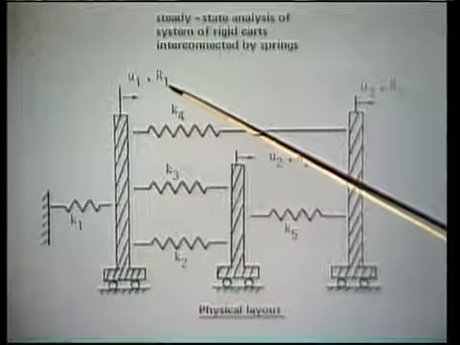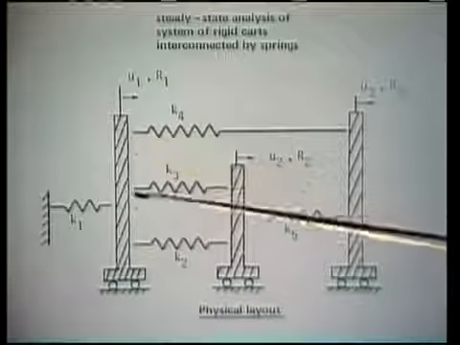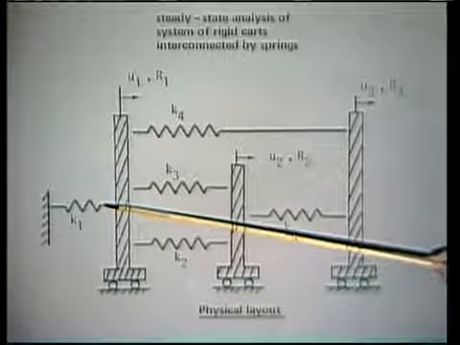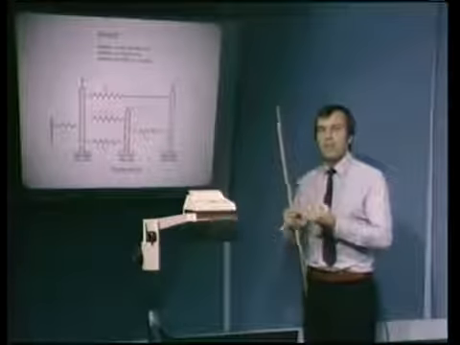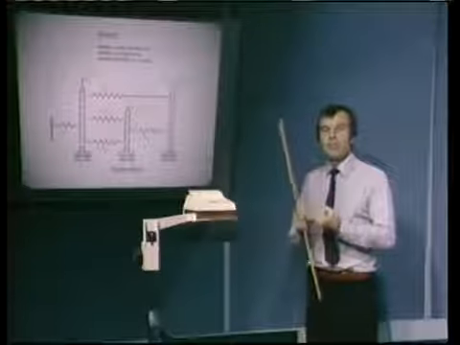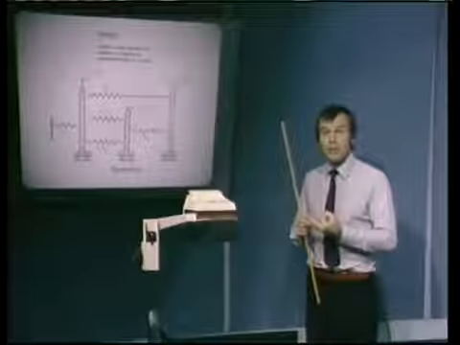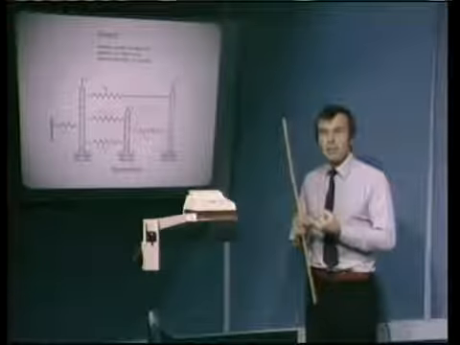And then, of course, we have a compatibility requirement that U1 is the displacement of each of these springs here. So we are talking about the constitutive relations, the equilibrium requirements, and the compatibility requirements. These are, of course, the three requirements that we also have to satisfy in the analysis of a continuous system using later on finite element methods.